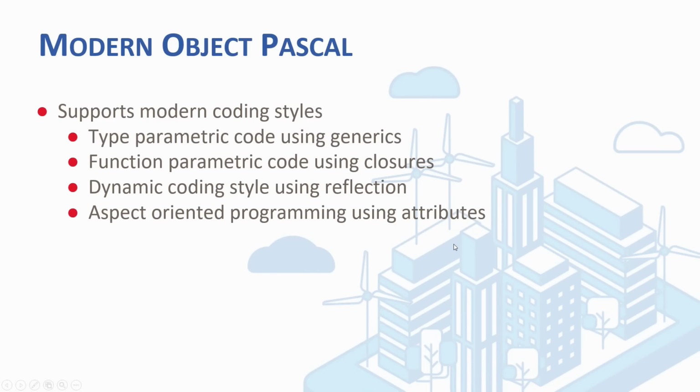So what's in modern Object Pascal and what do I imply with this name? It's support for some coding styles that go beyond classic object-oriented programming. Type parametric code based on generics, so the parameter is the type, and function parametric code using closures or anonymous methods, dynamic coding style, and even some runtime based code using reflection, and going towards aspect oriented programming using attributes and behaviors.